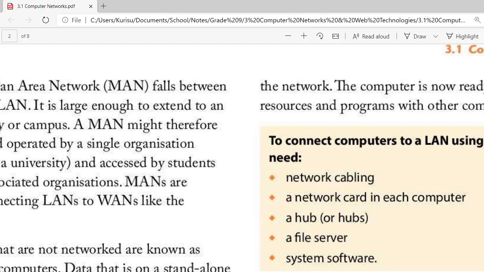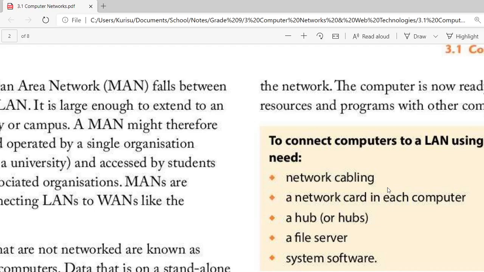So you can see the first bullet point here, the needs that you will have: you need network cabling. Even the wired connection that comes from GT&T is also considered network cabling, just a different format of network cabling. So you have a network cable going to your modem, another network cable going from your modem to your router.